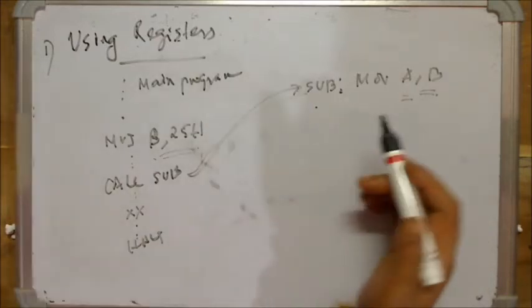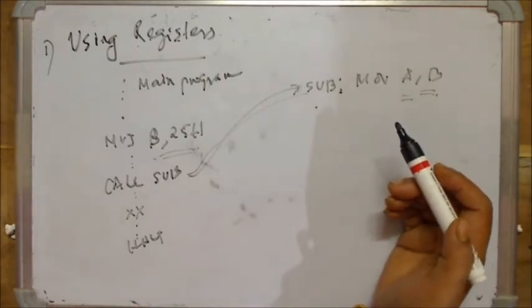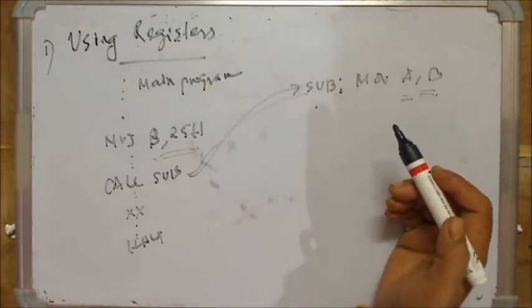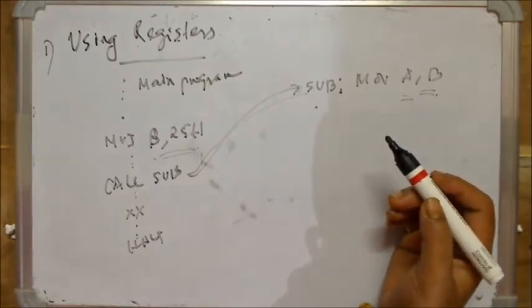But now you go to the subroutine and you will find the factorial of 35. That means you are passing parameters using registers. That is the method.